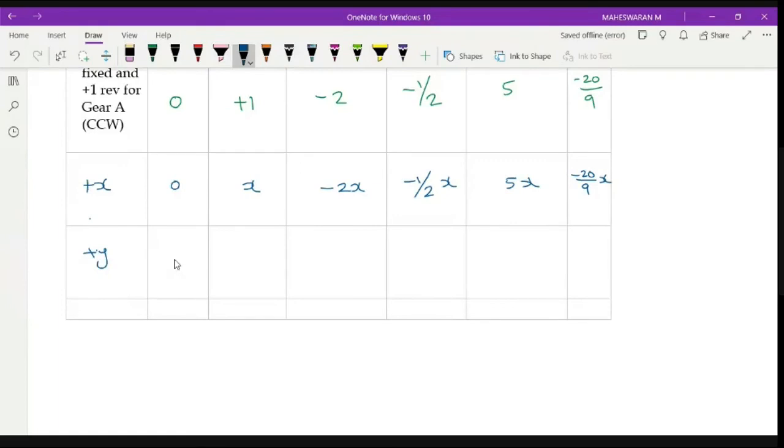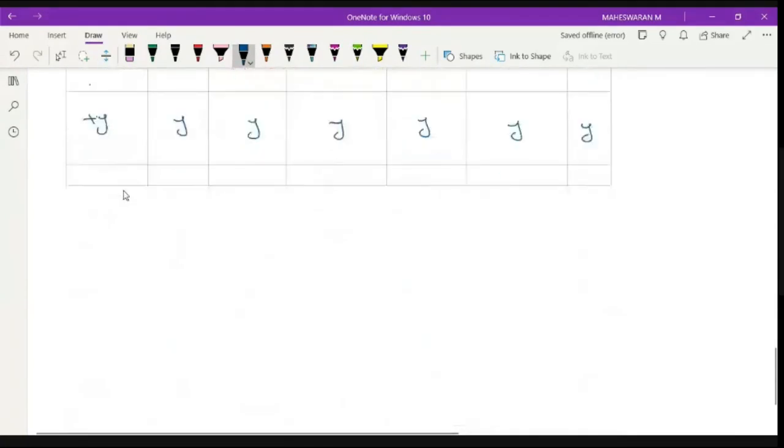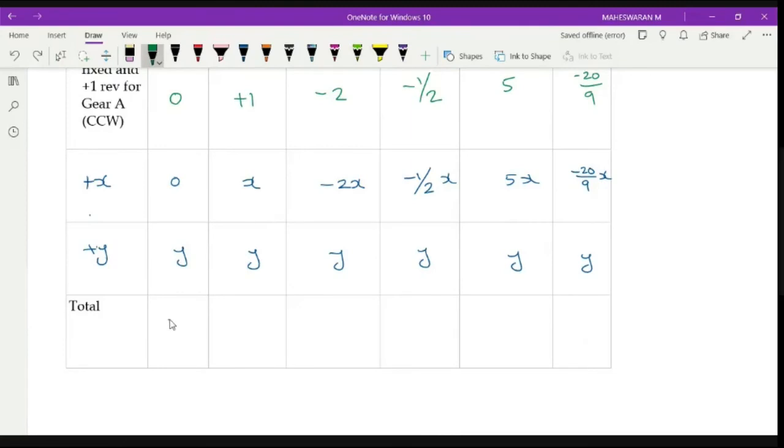Adding plus y, we'll get y, x plus y, y minus 2x, y minus x by 2, 5x plus y, and y minus 20 by 9x. This is my data. I got speeds for all the cases.